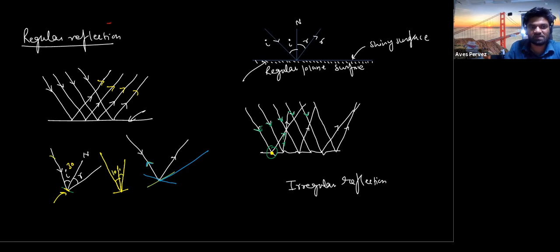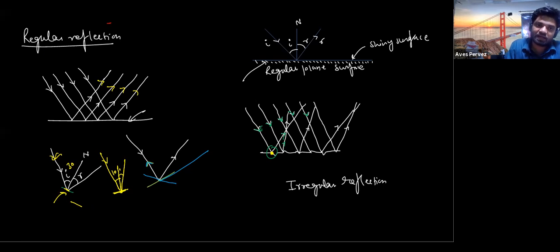So these two rays are parallel, but their reflected rays are different. This reflected ray is like this, and this one is like this. Because at the point where this ray is incident, the surface is behaving like this, and where this ray is incident, the surface is behaving like that. So they have different angles of incidence, and the reflected rays must be irregular.